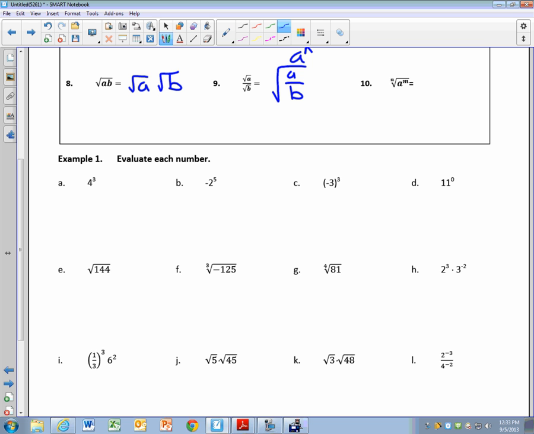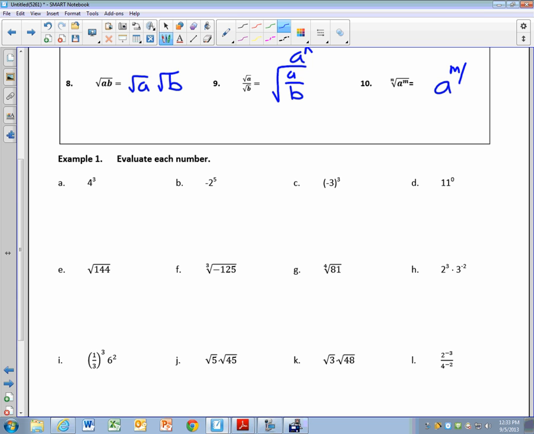Number 10, can you write that using a fractional exponent? How? a to what power? Where does the m and the n go? Good try. You're thinking of logarithms. Not quite. The m is attached to the a, right? So that stays in the numerator.